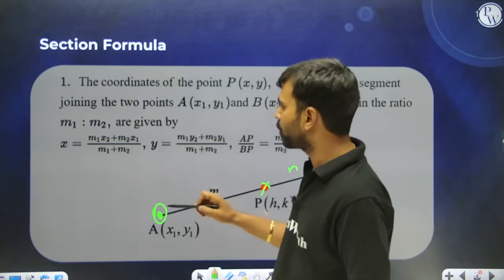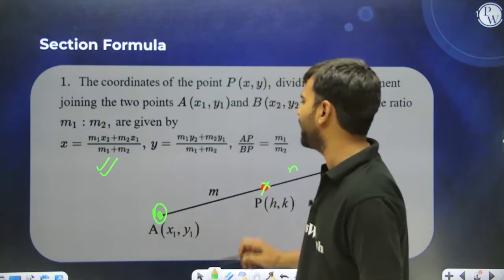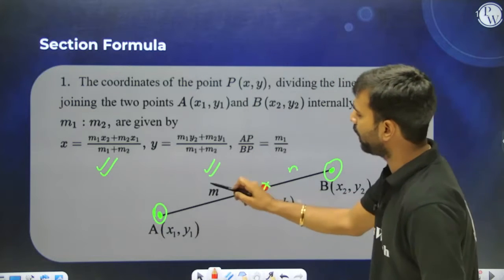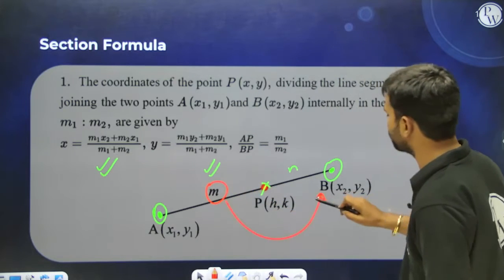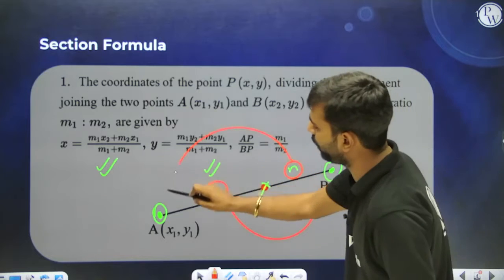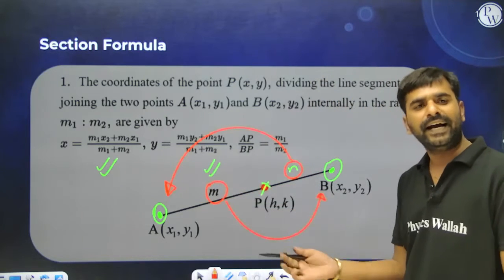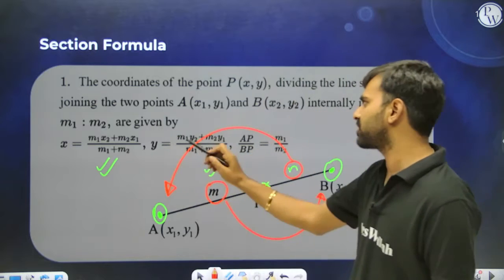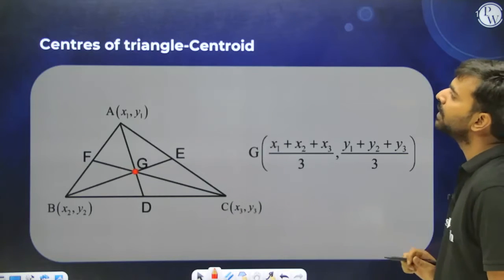Then the coordinates of the point P can be written by this particular formula. Now how to remember this is, you're going to multiply this ratio with the coordinates of B, you're going to multiply this with the coordinates of A, and then in the denominator you're going to write down m plus n. So over here you guys can observe this particular thing.